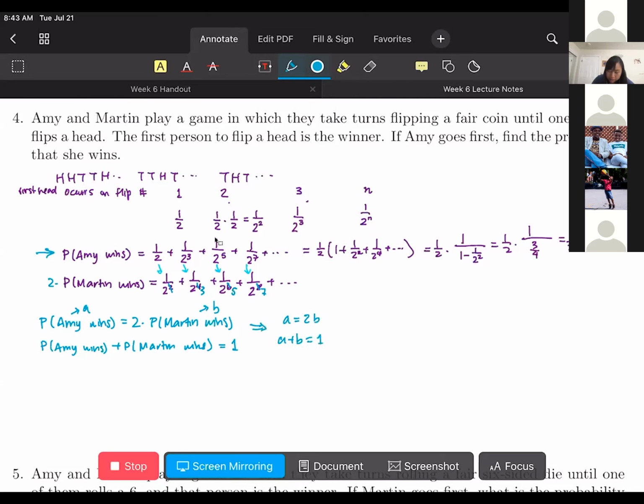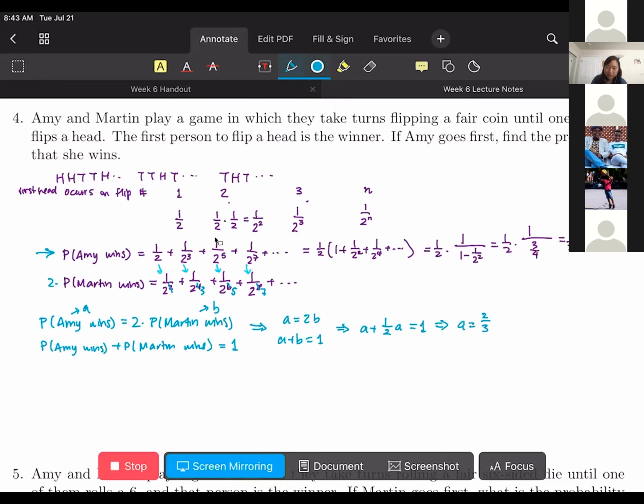Then if we want to solve for A, we get A plus 1/2 A equals 1. So A equals 2/3. Any questions on this?